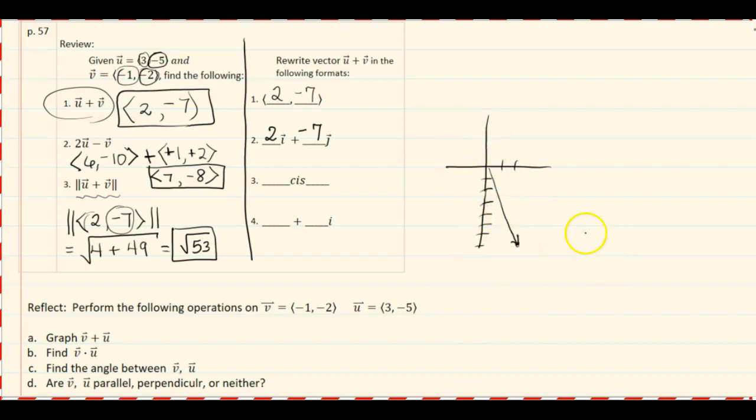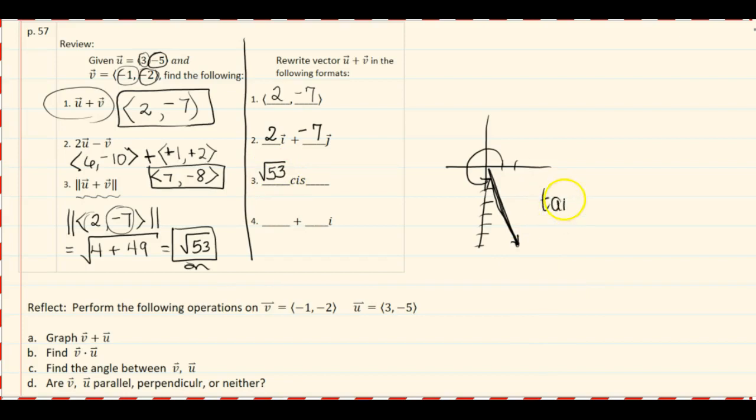So what we need to find is the magnitude of our vector, and we need to find the angle that goes with it. We already know the magnitude because we found it over here. So that's going to be the square root of 53 as our magnitude. Now we've got to go find our angle.